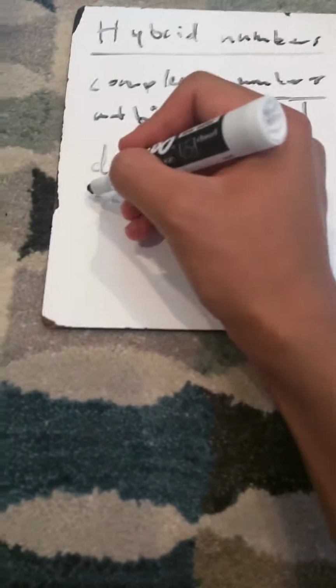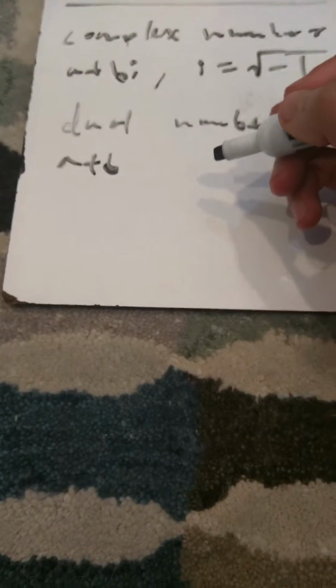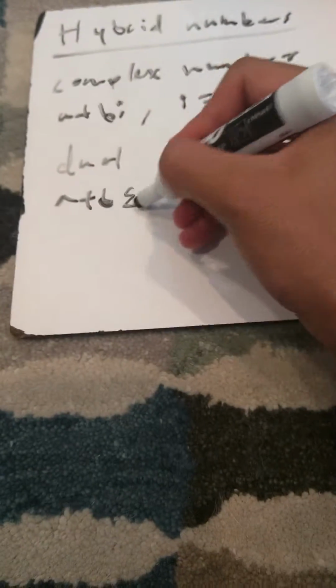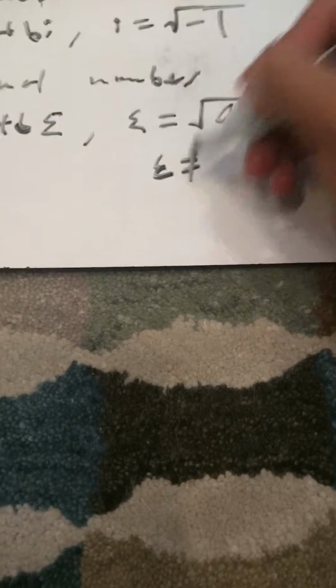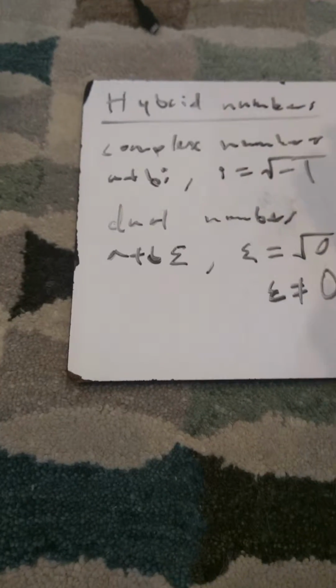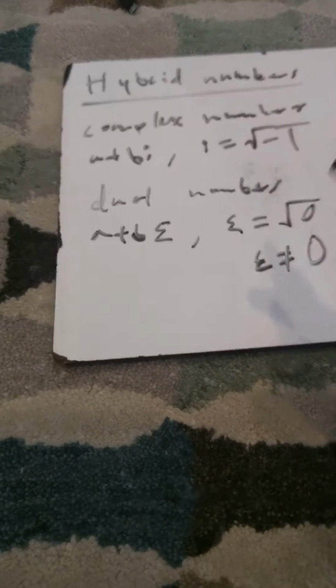Dual numbers are numbers of the form a plus b times epsilon, where epsilon is the square root of 0, but epsilon doesn't necessarily equal 0. So it's almost like i in that it's not a real number.